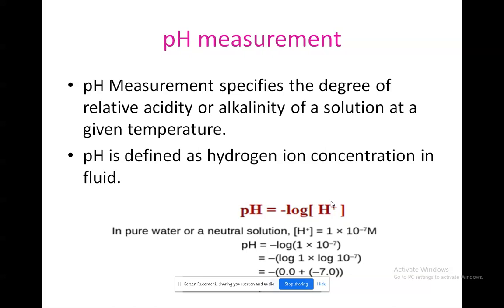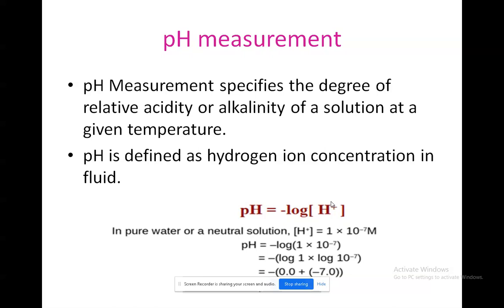What does it stand for? Potential of hydrogen.